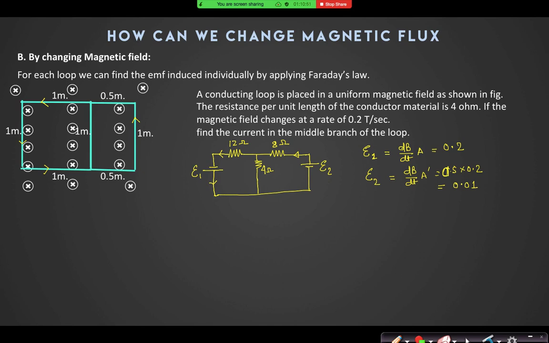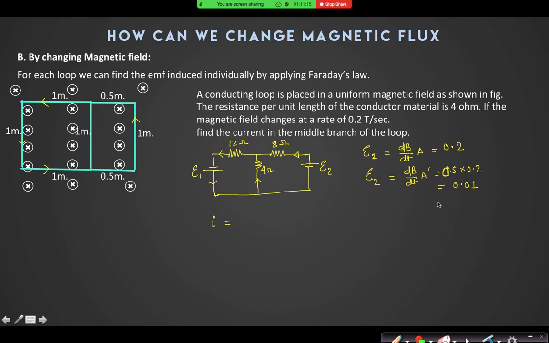Can you try to calculate it? Let me calculate. Suppose I am taking current in this direction. So now this can be solved, no? Yes, we can solve it. Why not? We know the method. We can just try it once. No problem.